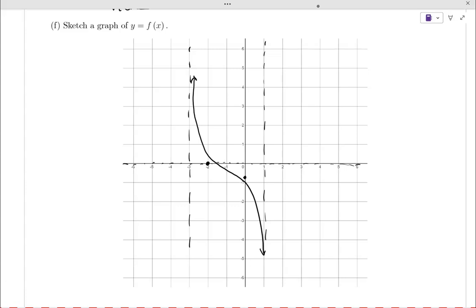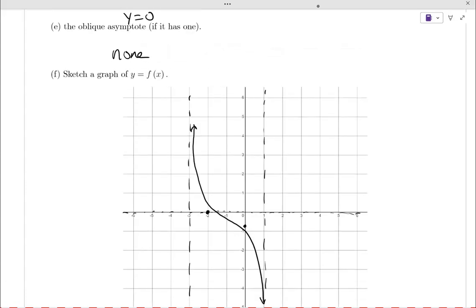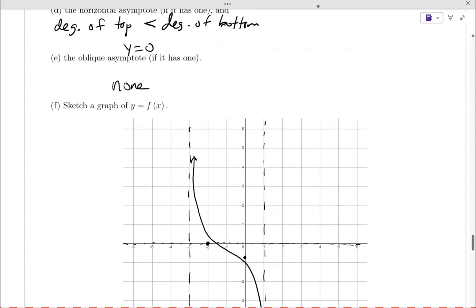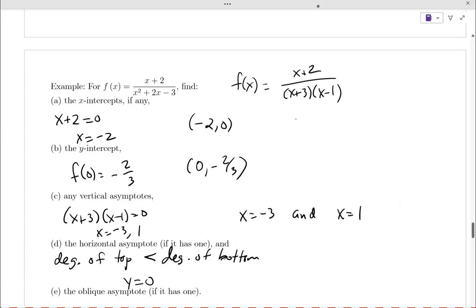All right. For the other pieces, notice there's not a lot of help for points, right? I know that it either has to go up or down, right? In both cases, up or down, right? But I don't have any points over there to help me. So let's do a bit different analysis, just like we did last time. All right, so let's go back up to this factored form.